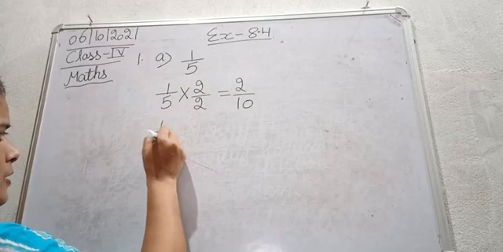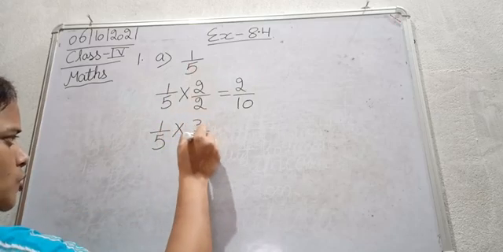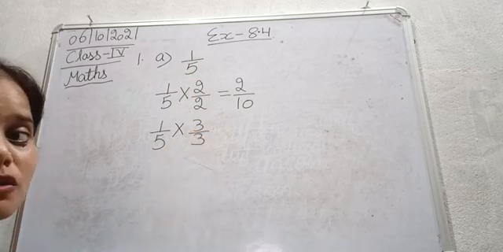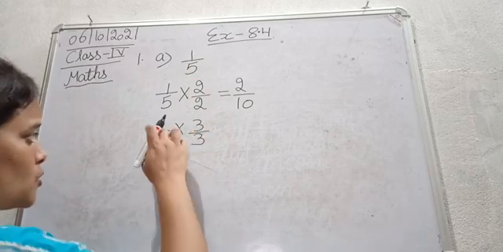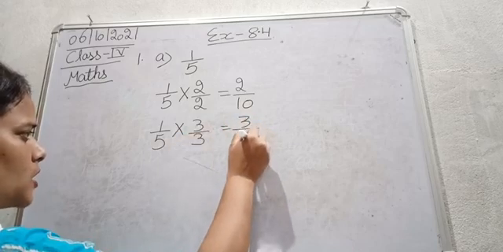Next, multiply same 1/5 with 3. छोटे छोटे नंबर से मल्टीप्लाई करोगे, that will be easy for you to do the multiplication. So 1 3s are 3, 5 3s are 15.